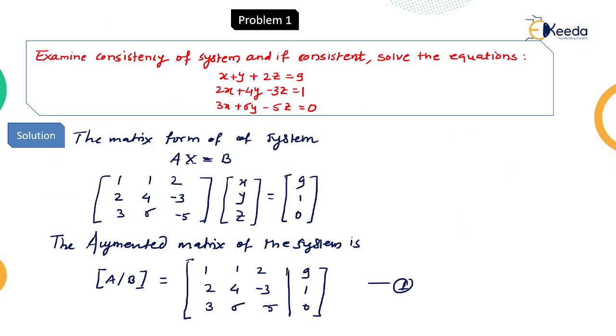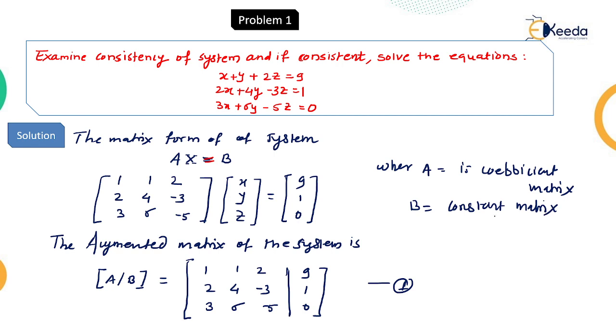Now you have to examine consistency. This system can be written in matrix form as Ax = B, where A is the coefficient matrix and matrix B is the constant matrix.